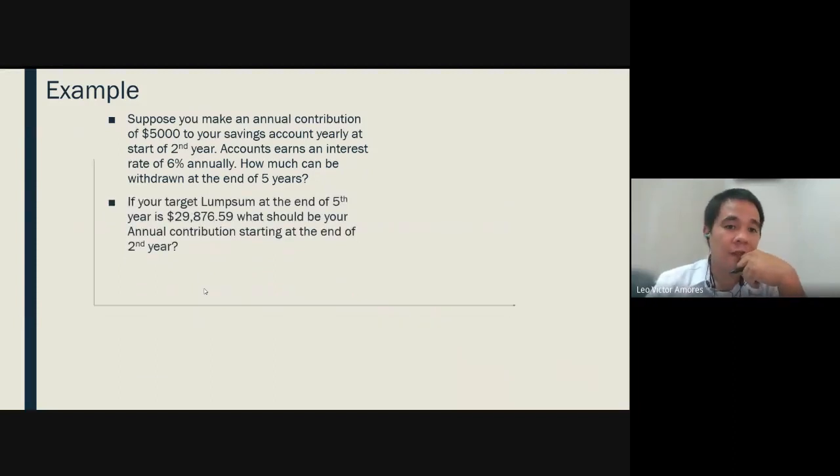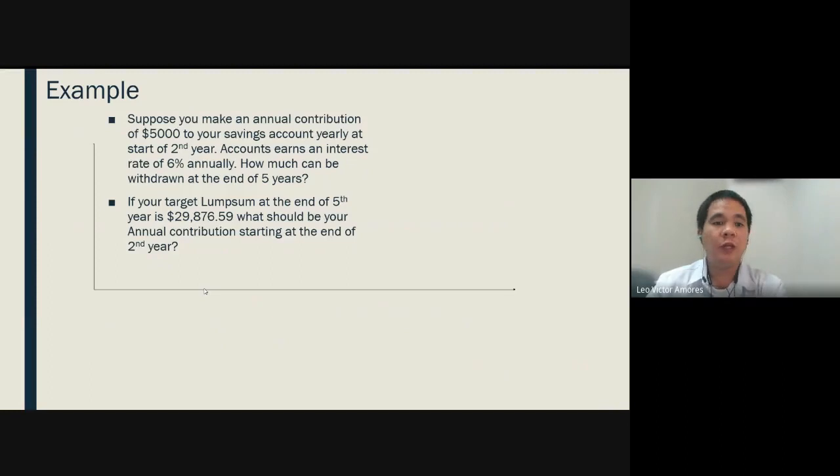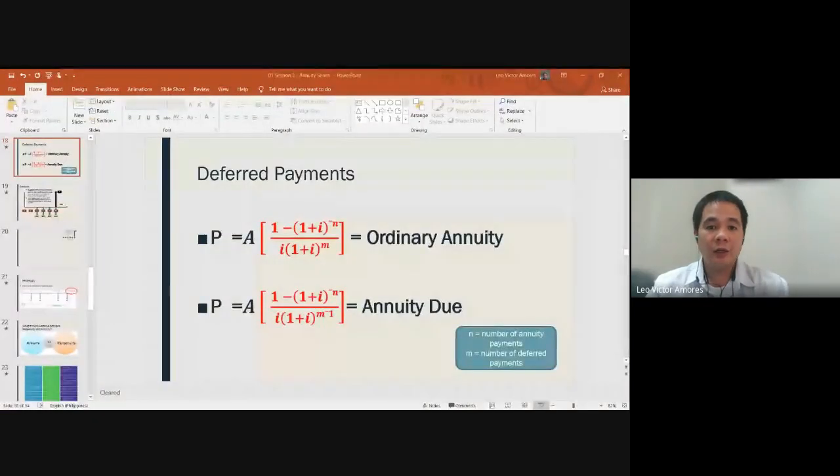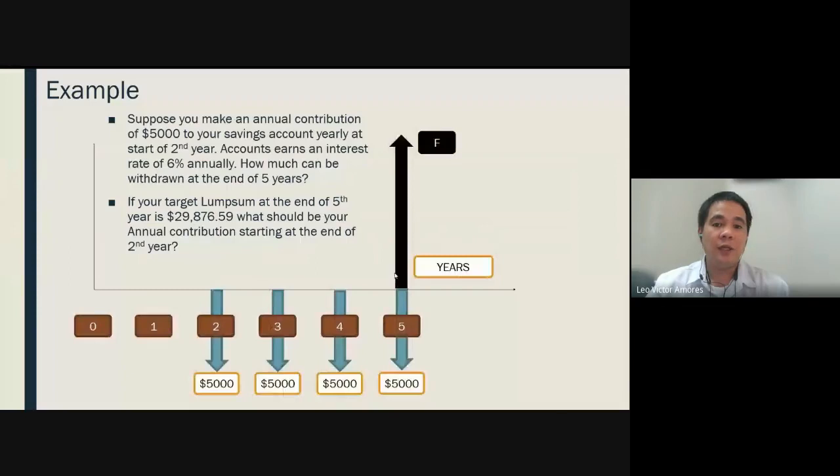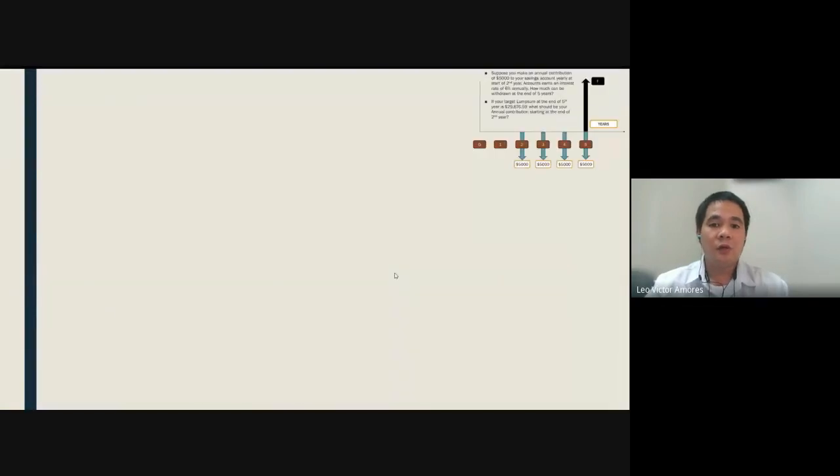And next, if your target lump sum at the end of 5 years is 29,876.59, what should be your annual contribution starting at the start of the second year? So this is our problem.